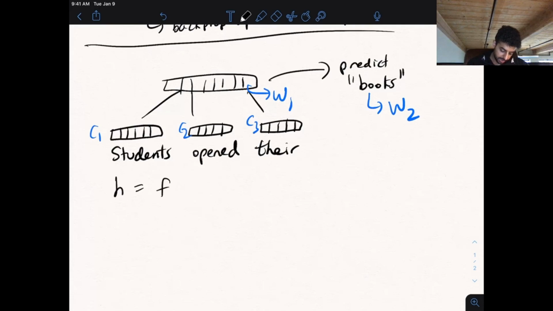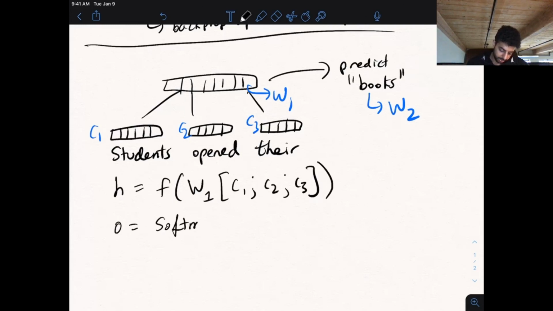We had H equals F of W sub 1 times C1, C2, C3. So this is the concatenated representation. Then let's say we had O, which is our output probability, which is the softmax of W sub 2 times H. Right?